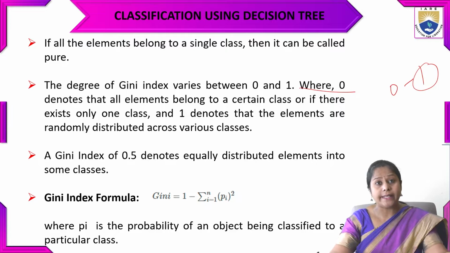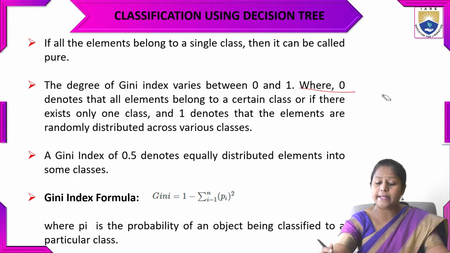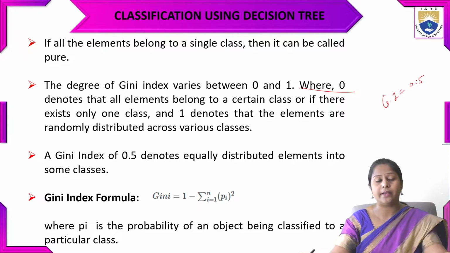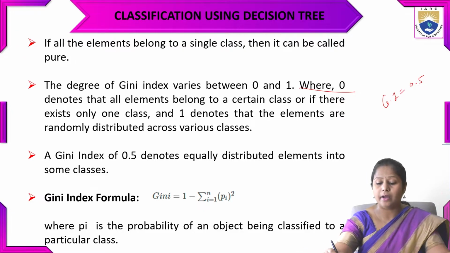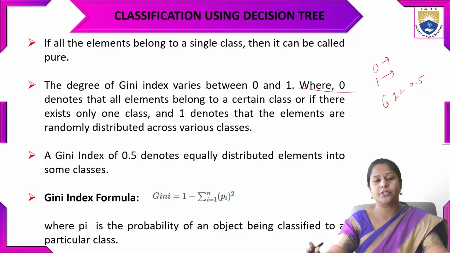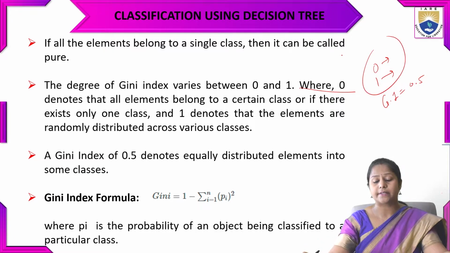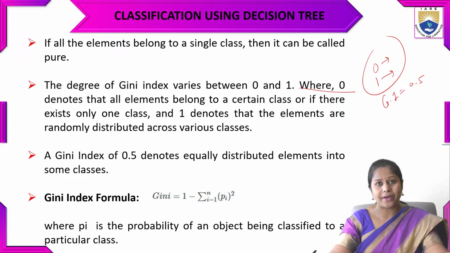A Gini Index of 0.5 denotes equally distributed elements across the classes.